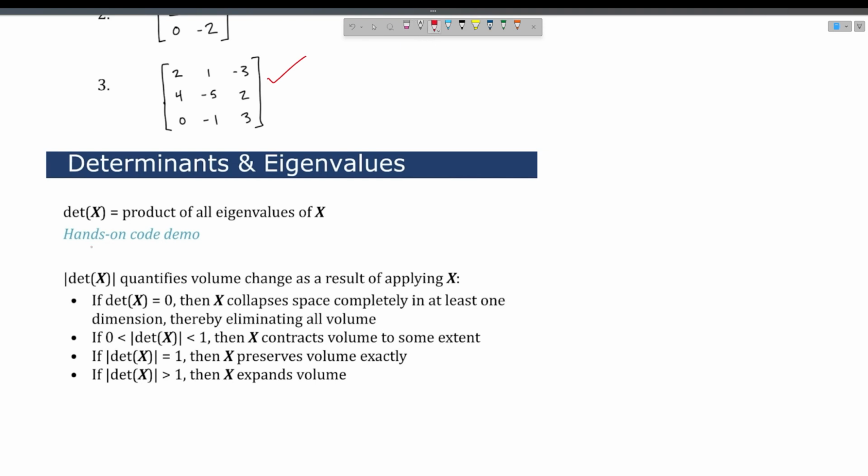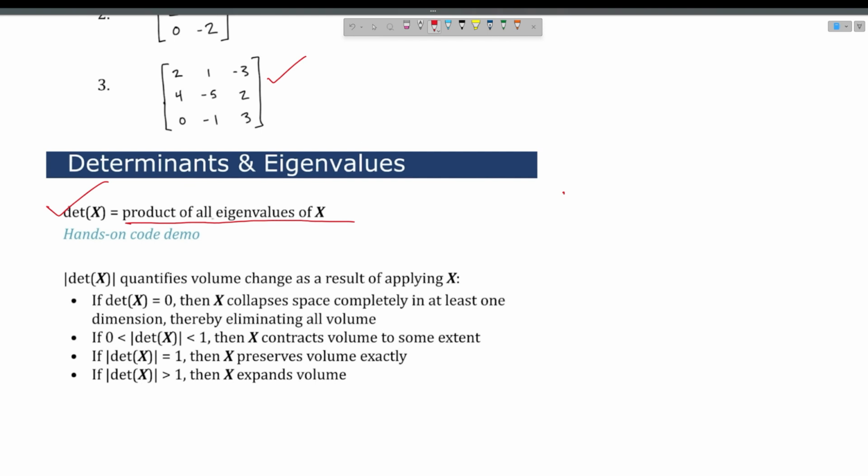The determinant of a particular matrix is basically the product of all the eigenvalues of X. Now we will learn about what an eigenvalue is, what an eigenmatrix is. We will learn about it much more in depth. We'll see the code part, that's very important. After the slides, I'm going to go for that.